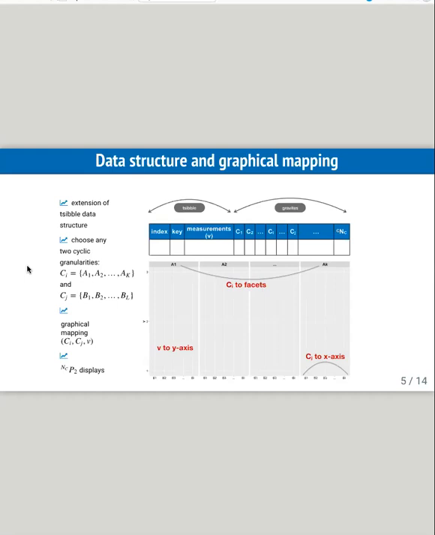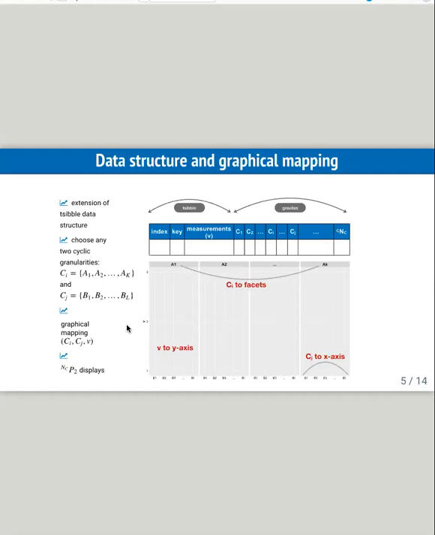In a tsibble, each observation is uniquely identified by the index and the key. Since any cyclic granularities are functions of the index variable here, we can extend the tsibble data structure to include all the cyclic granularities. Now, why are we interested to look at a lot of cyclic granularities? Because they would help us to look at the data from multiple perspectives.